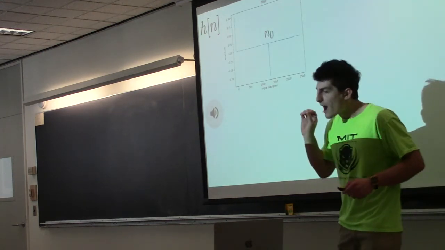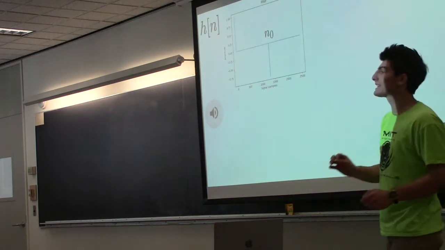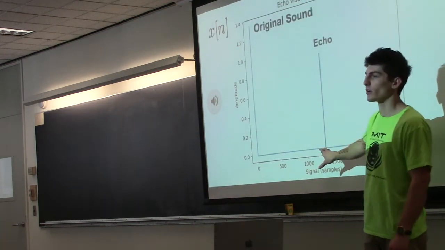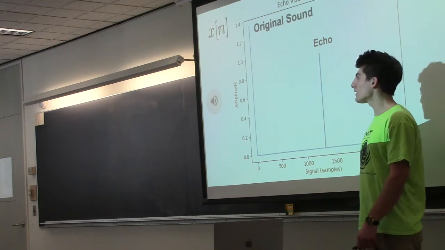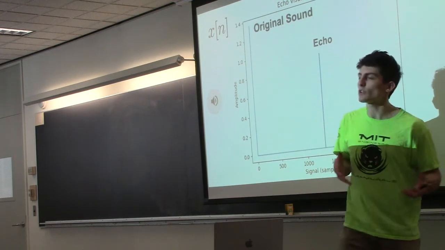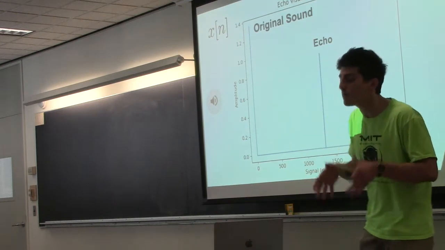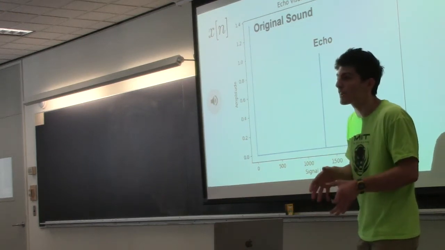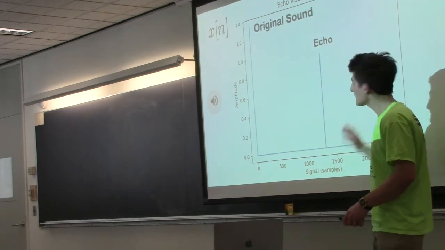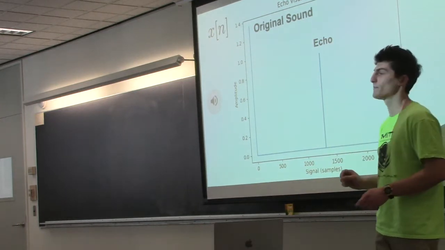So how can we get rid of this unwanted part of our signal? Well, what a lot of sound engineers usually do in practice is construct a new signal called a filter to get rid of this.